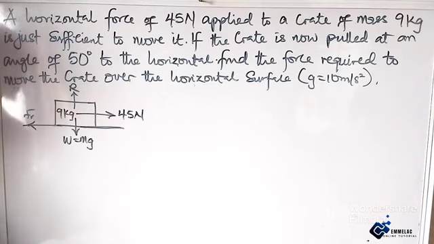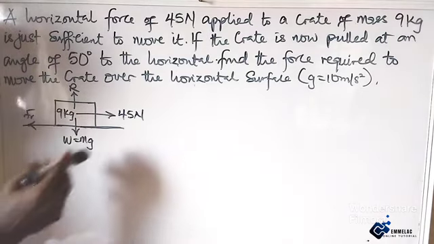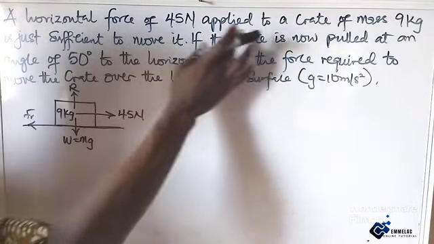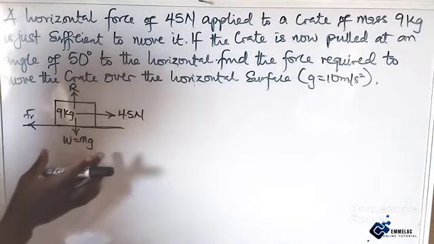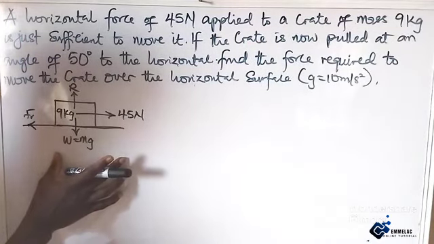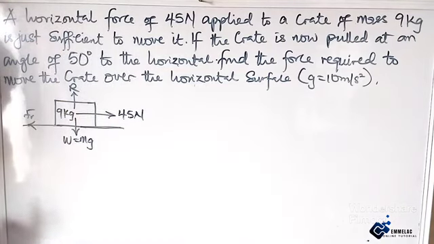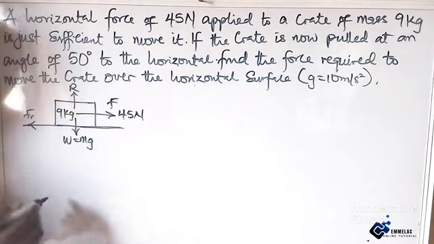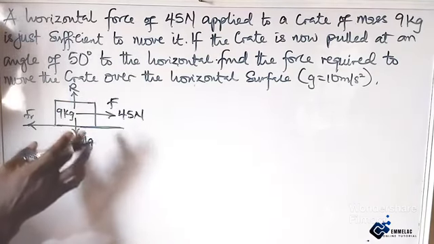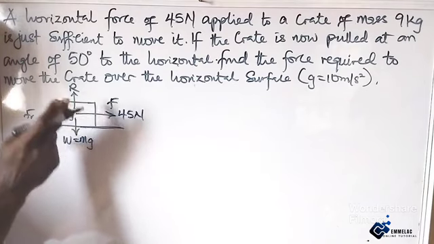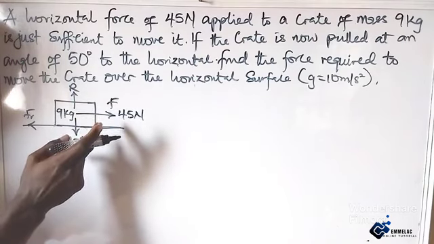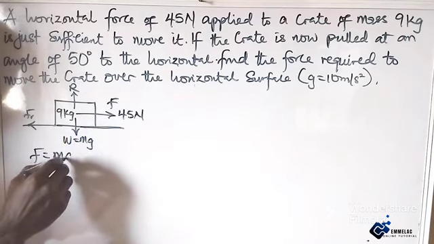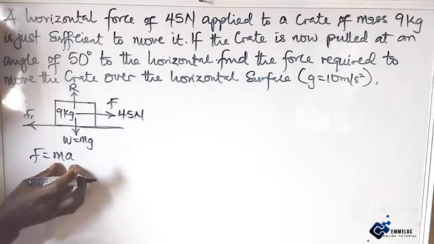All right. Now the first one says, let us find the coefficient of static friction here. So by so doing, what we need to do here, this is the horizontal force. So we know here that since this body is not accelerating, automatically acceleration is 0. So we know that force equals the product of mass times acceleration.